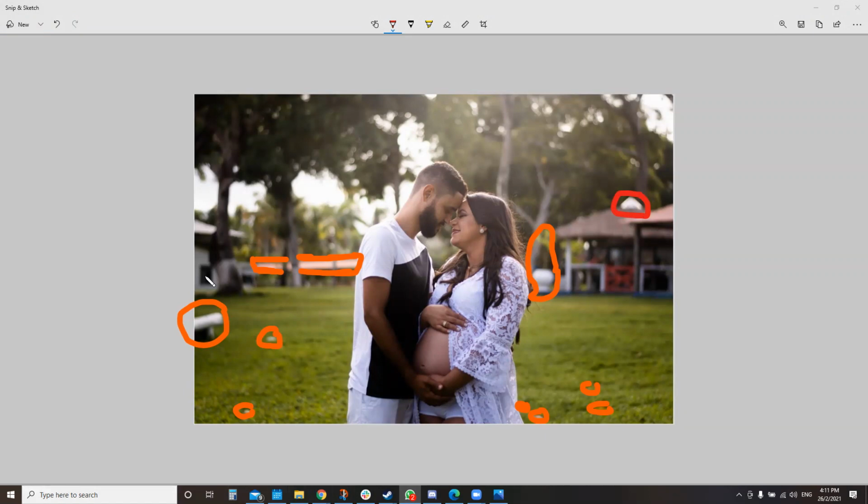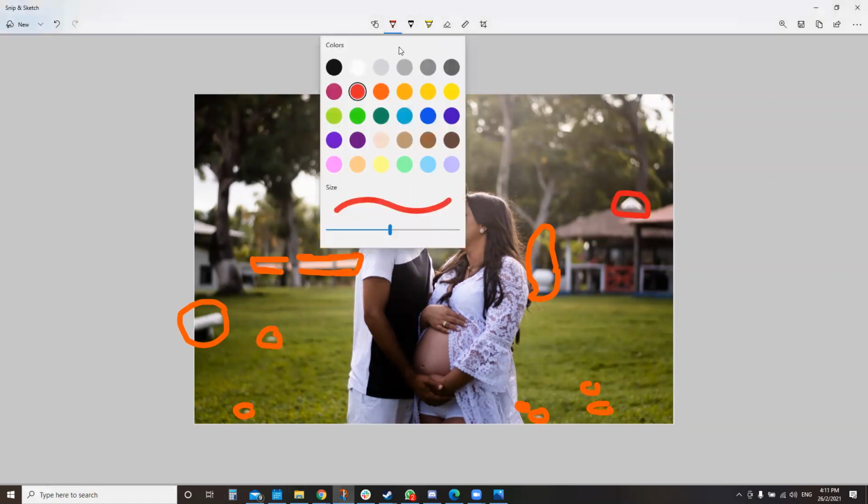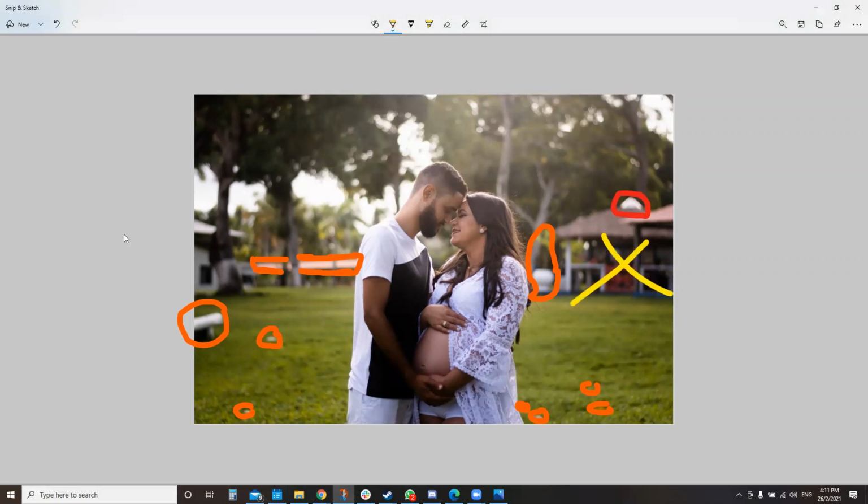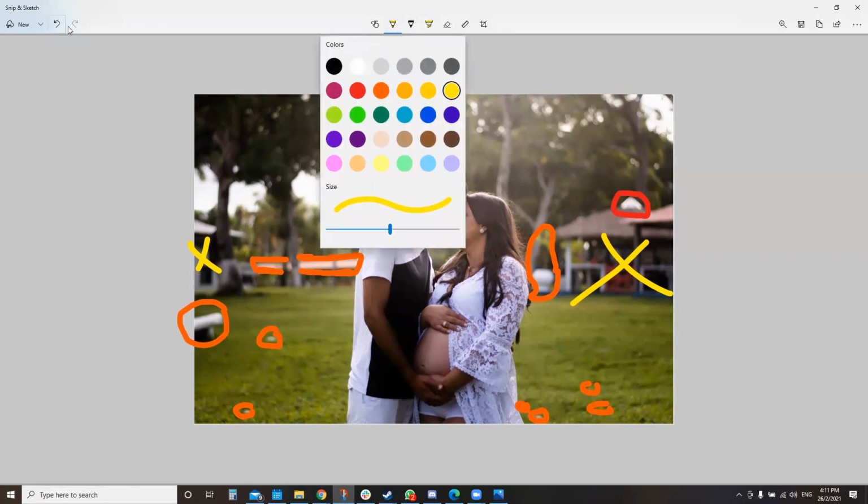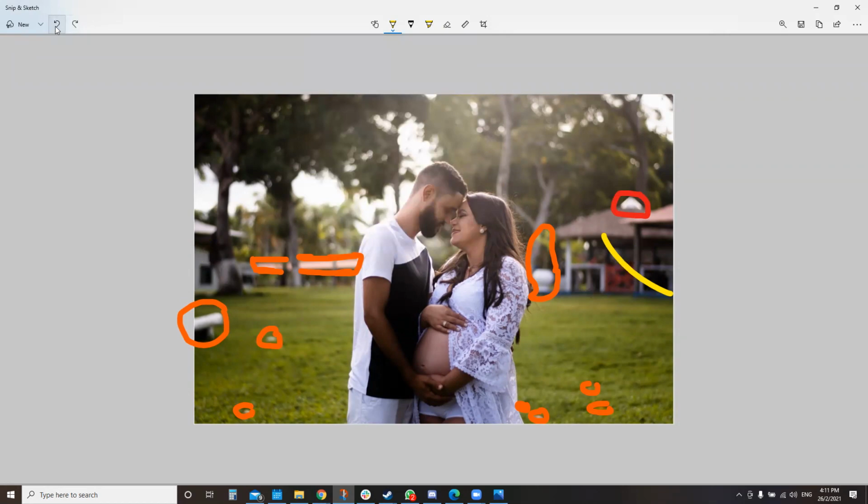They are giving you some context to this image, because if you were to remove this house and this house, you will not know if they are in a resort, or in some jungle, or somewhere else. So these houses give a bit of context to where this picture is taken, which is actually good.